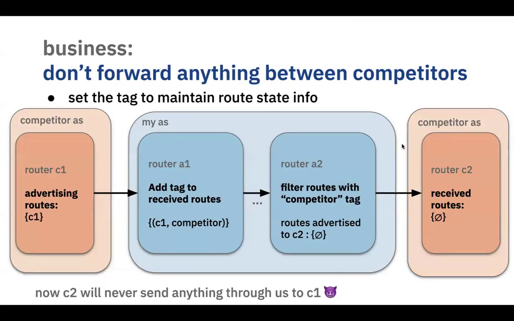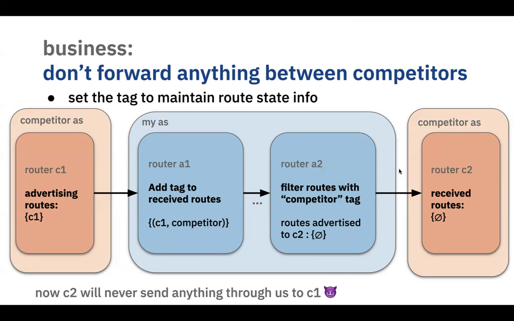We also don't want to forward anything between neighboring ASes, especially if they're competitors, because usually this kind of traffic is not revenue generating. So one way we can do that is when we receive a route from our neighboring AS, we will append a tag to it.